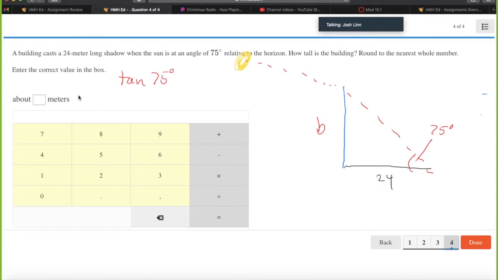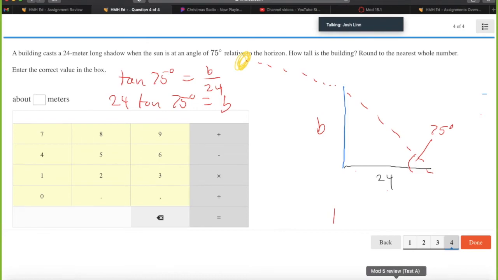So we're going to find tangent of 75 degrees, and that is equal to opposite over adjacent. So we're going to do some algebra. We're going to multiply both sides by 24 to get the height of the building.